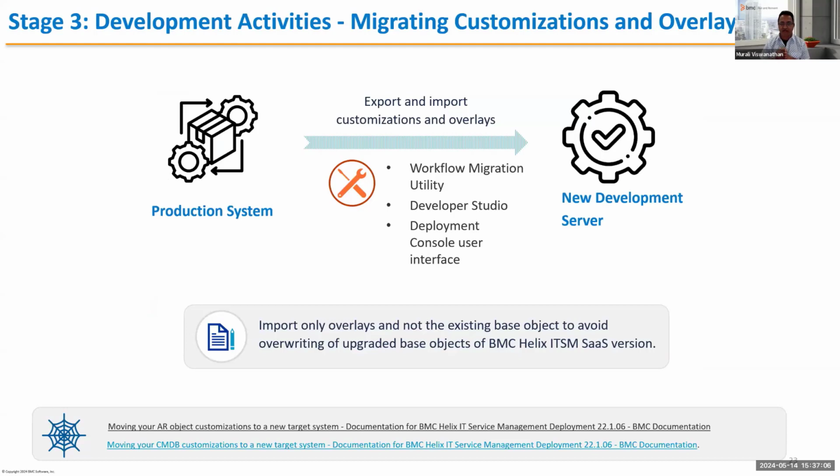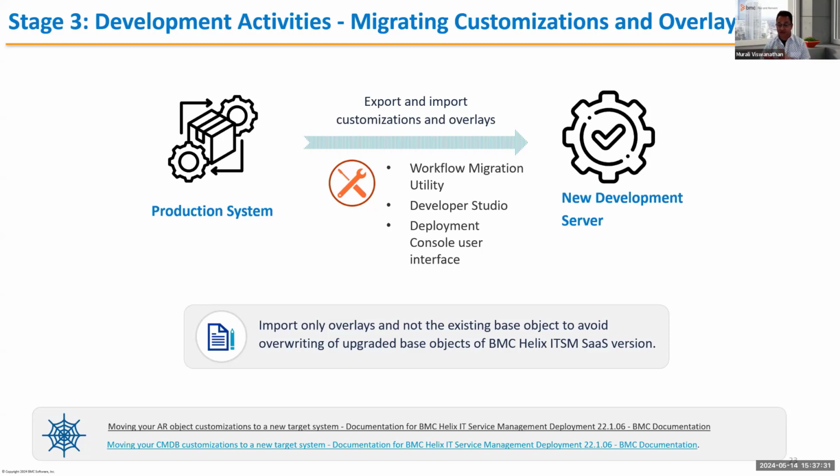As I said, we have made tools available for you to speed up or simplify these processes for migrating your customizations. The workflow migration utility supports version 2002. It's a great tool. It can migrate your customizations from both CMDB and AR. Of course, you can use the traditional way of exporting and importing with Developer Studio.